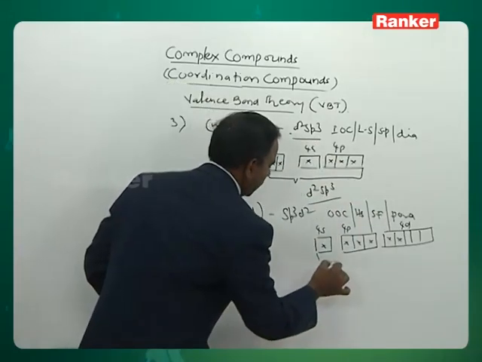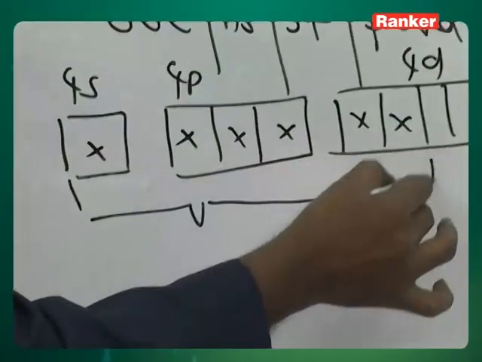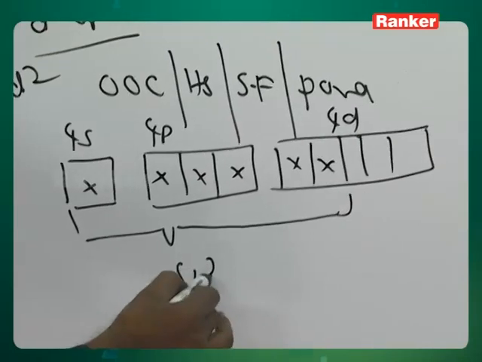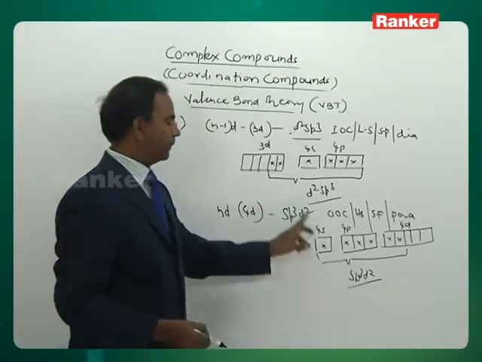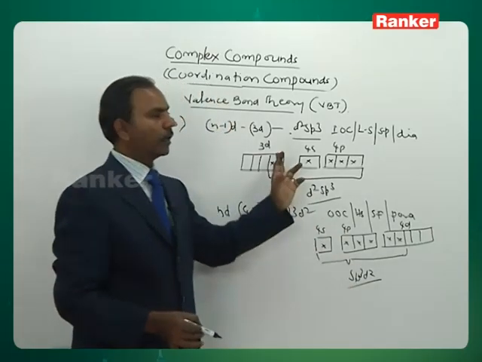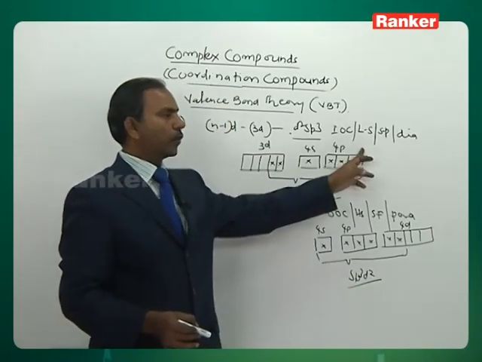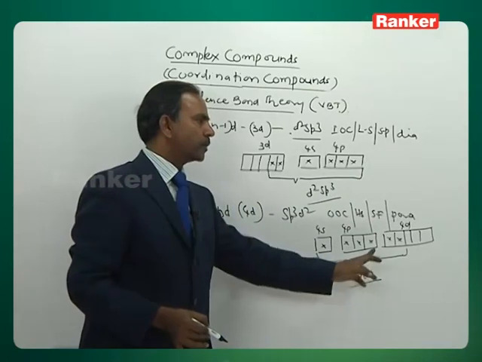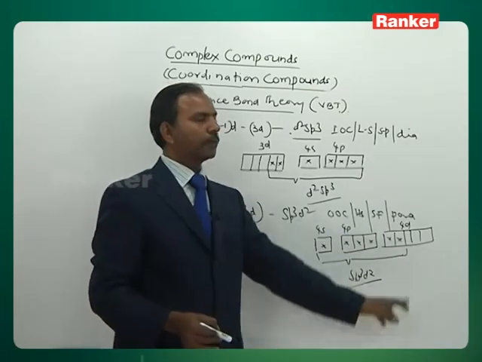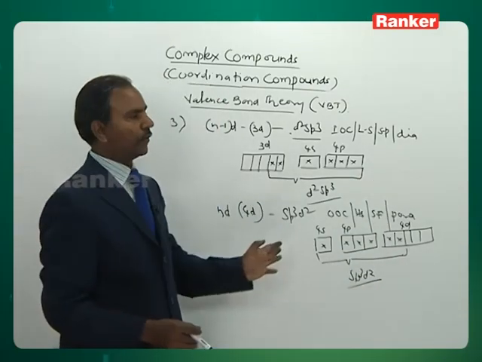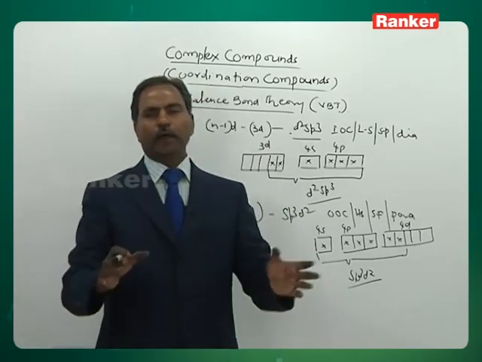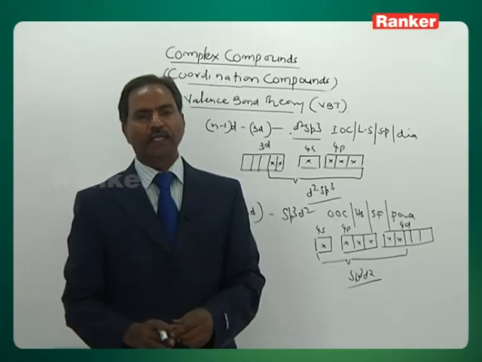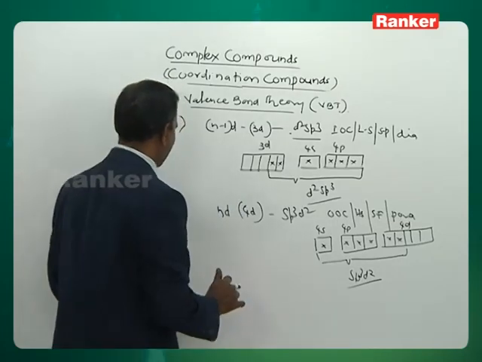Then you see what this hybridization is? This will be sp3d2 hybridization. This is d2sp3, this is sp3d2, inner, outer, low spin, spin paired, high spin, spin free, it is diamagnetic, it is paramagnetic. According to this type of hybridization, we can decide whether a complex is an inner orbital complex or an outer orbital complex.